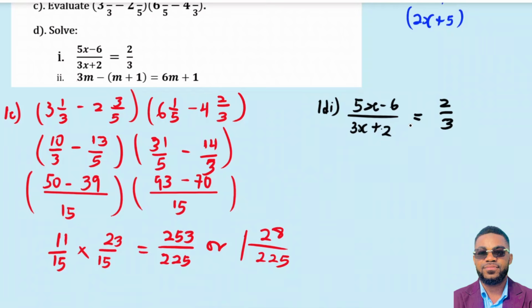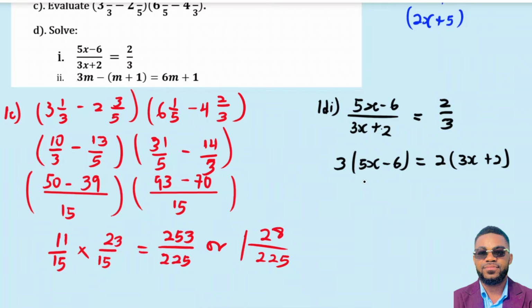We can do cross multiplication in this case. So the 3 will multiply this one, and 2 is to multiply this one. Remember, this is a binomial, so it should be kept in bracket. So 3 multiplying 5x minus 6, and that is equal to 2 also multiplying another binomial, 3x plus 2.